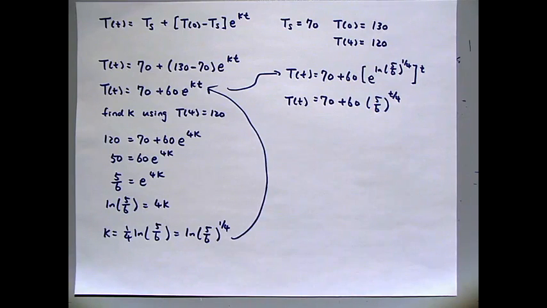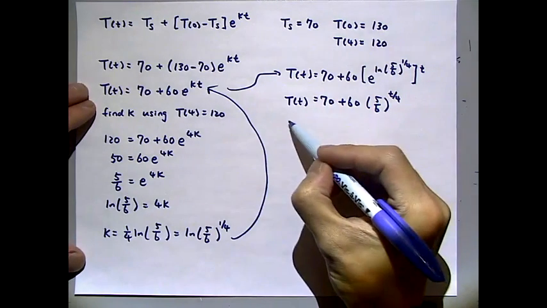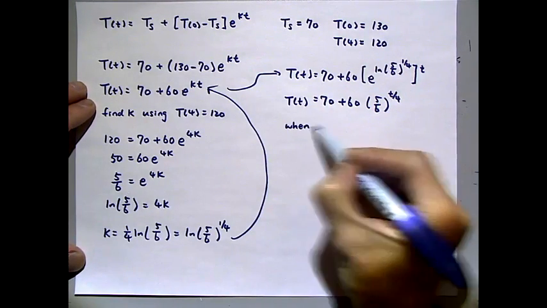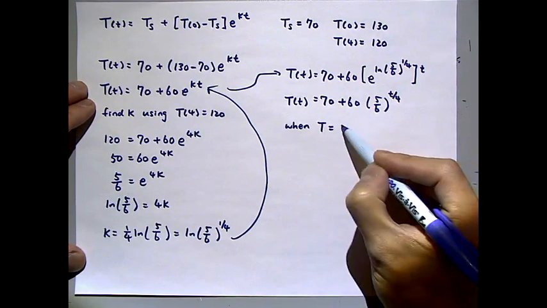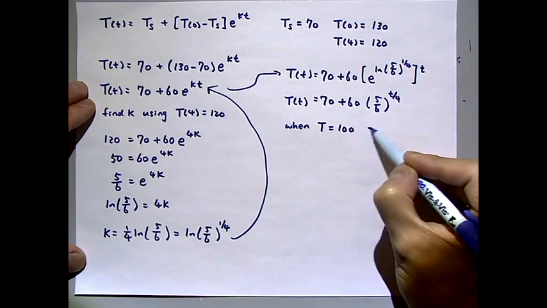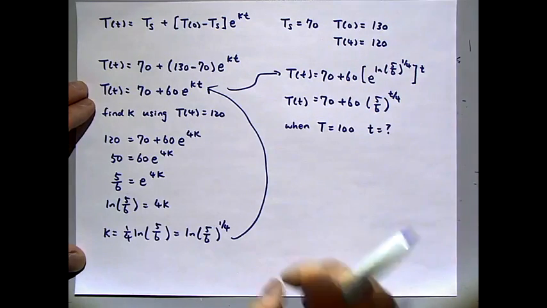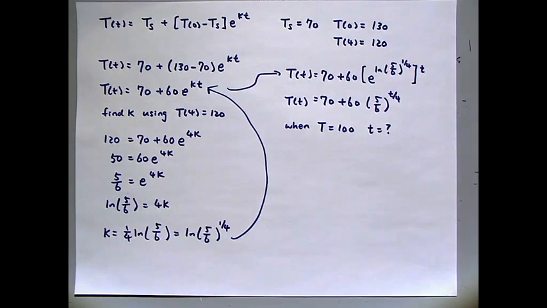The problem wants us to find the time it takes for the coffee temperature to drop down to 100. So we want to find ultimately when capital T is 100, what is the corresponding time? And that's easy.